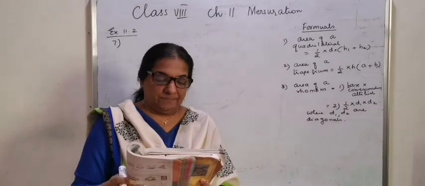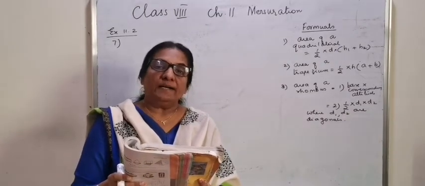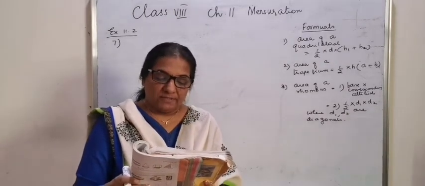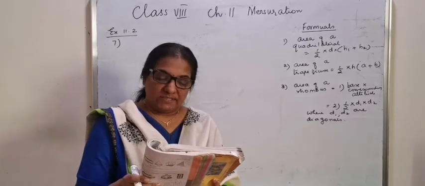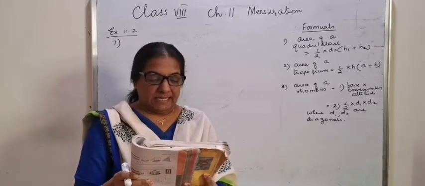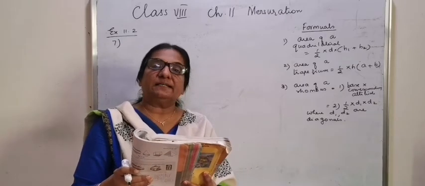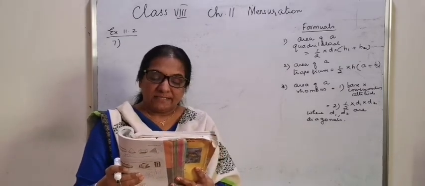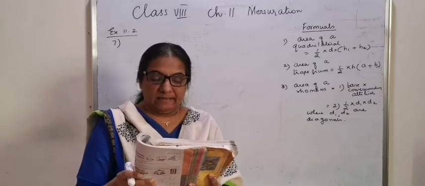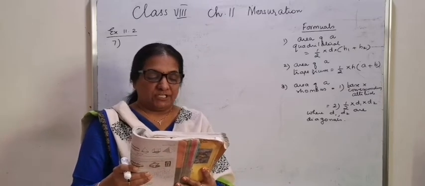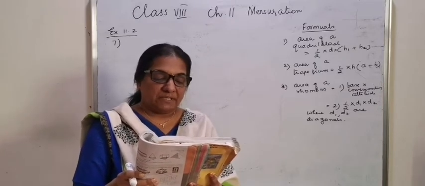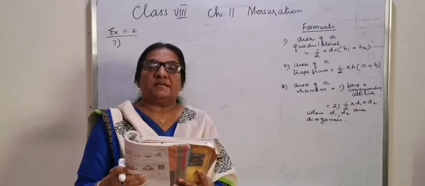Question number 7. The floor of a building consists of 3000 tiles which are rhombus shaped and each of its diagonals are 45 centimeter and 30 centimeter in length. Find the total cost of polishing the floor if the cost per meter square is rupees 4.